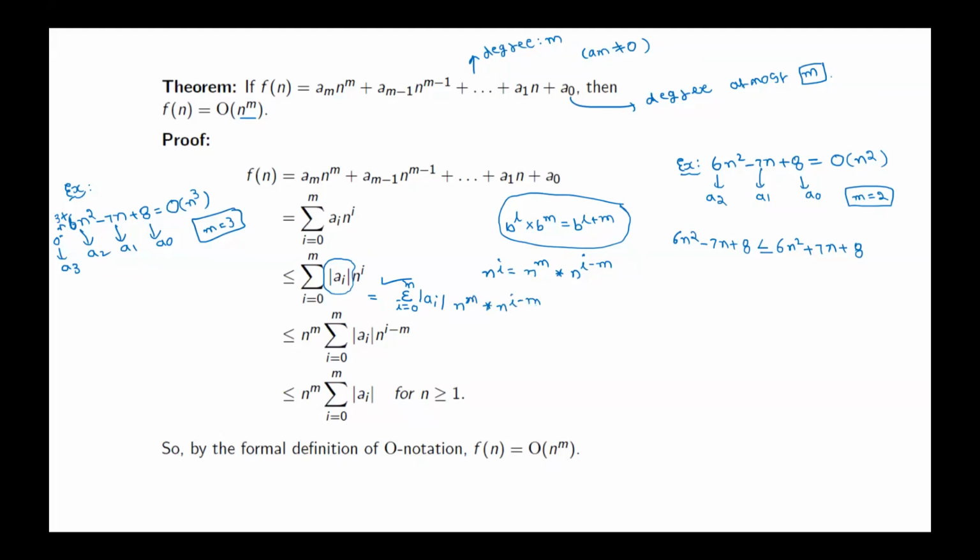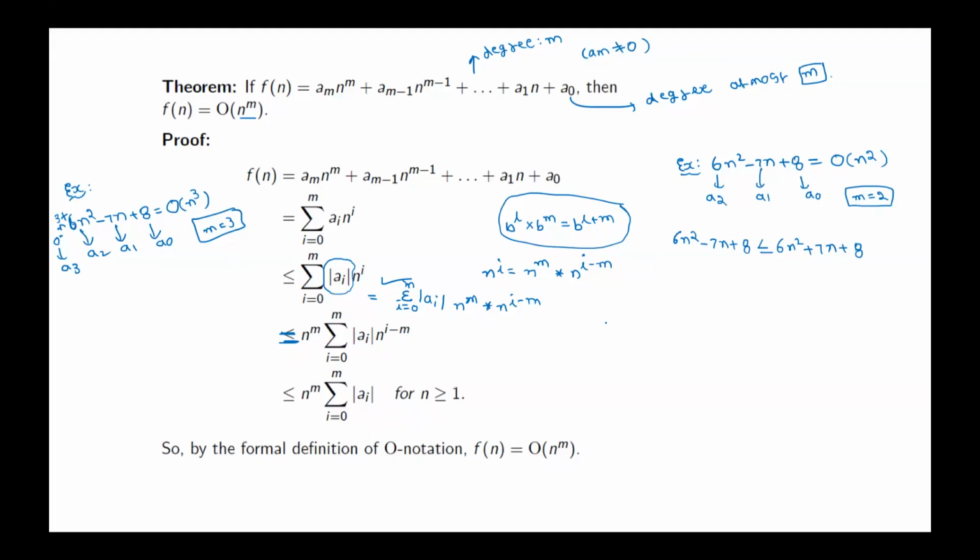Now n power m, can I take it outside? It is independent of the summation variable i. So we can take it outside, and I write the remaining part.